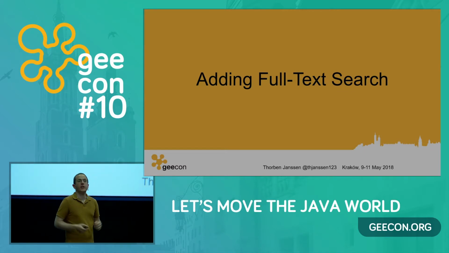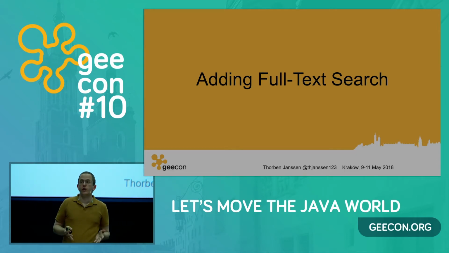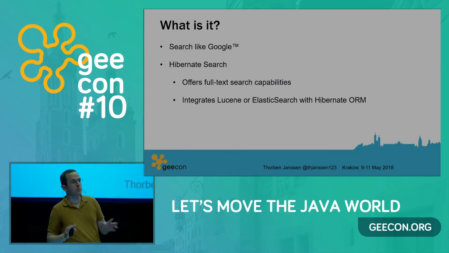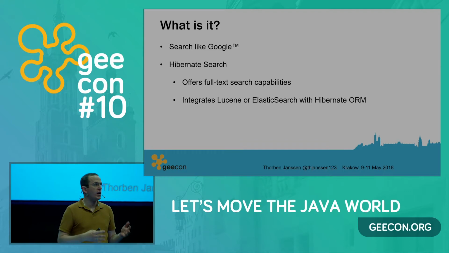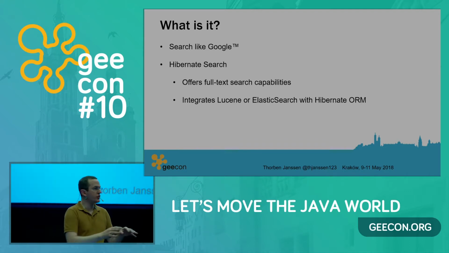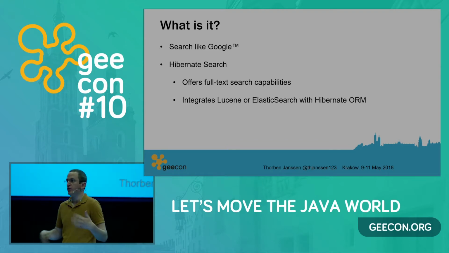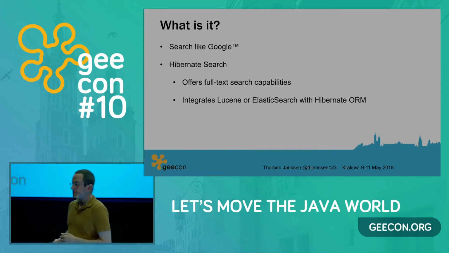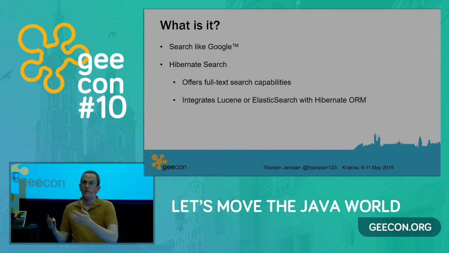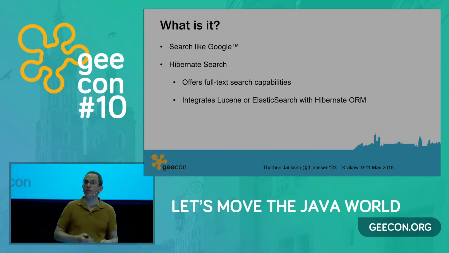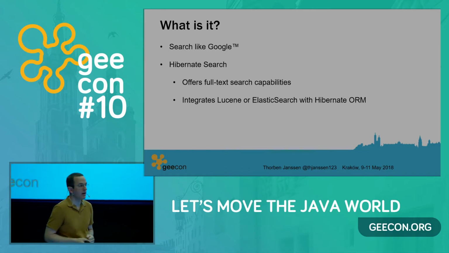Then let's get to the last topic, which is full-text search. Full-text search is a pretty common requirement, which is most often described as, well, I want to search like Google. I just enter something in the search field and it searches basically everywhere, and it finds similar strings that are not an identical match, for example, different spellings of the same word, and these kinds of things.